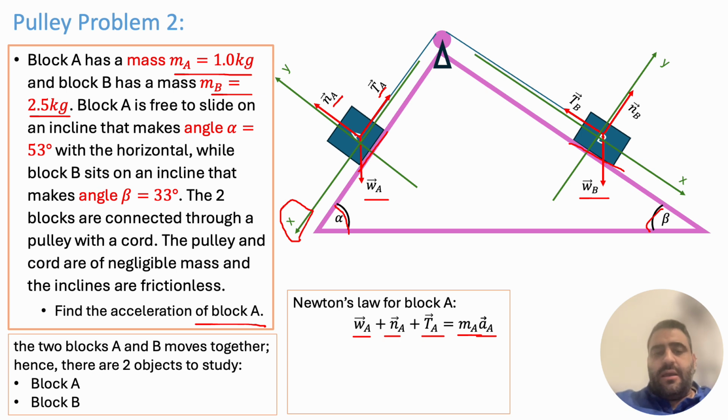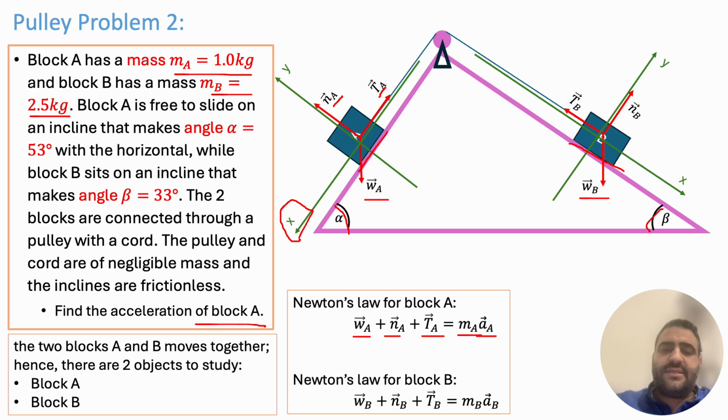Same for B. I have the net force acting on B, WB vector plus NB vector plus TB vector equal to MB multiplied by the acceleration of B. Now these are vector equations. I have to project them on the chosen axes in order to get the component equations.